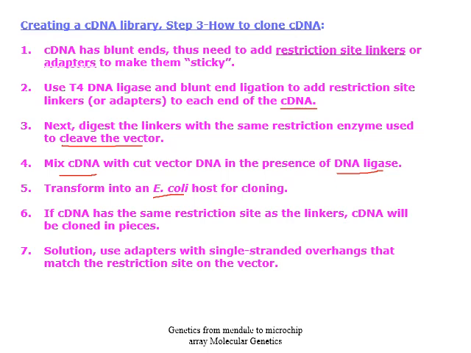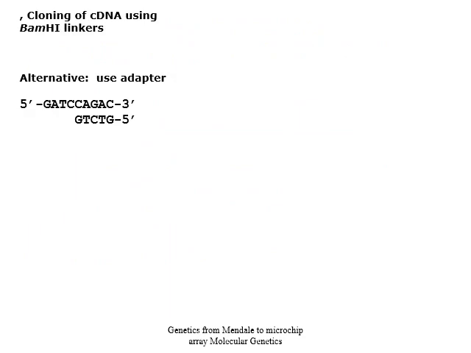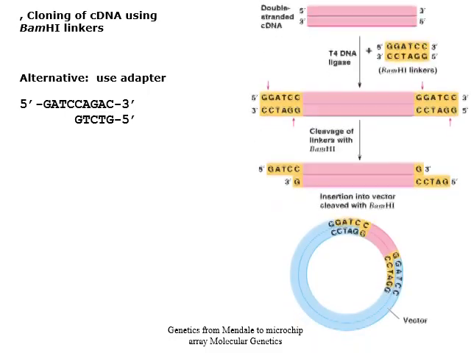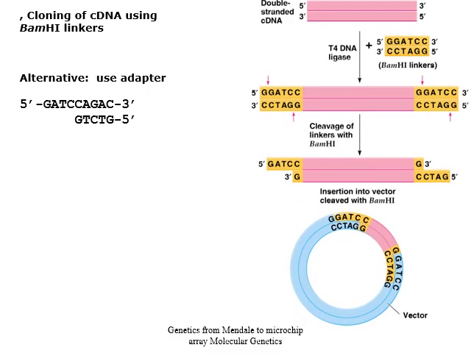The solution is to use an adapter with single-stranded overhangs that match the restriction site on the vector. Cloning of complementary DNA using a BamHI linker. Alternatively, use an adapter: double-stranded DNA, T4 DNA ligase, cleavage of the linker with BamHI, insertion into the vector cleaved with BamHI.